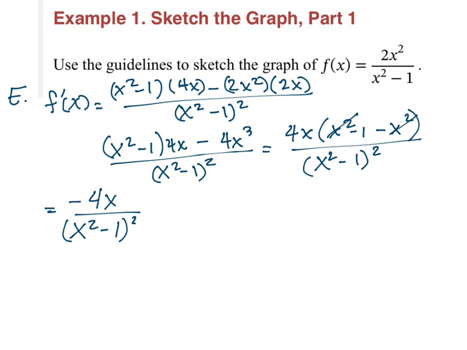Okay. There's my derivative, f prime of x. That's the most simplified version. Now we want to do what? We want to find where f prime of x equals 0 and where f prime of x does not exist. So we set that derivative equal to 0, which means really I'm just setting the top number equal to 0.